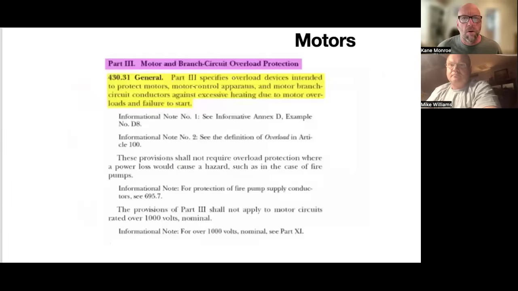General part 3, motor overload. Now remember, overloads and overcurrent are two different things. So in part 3, we're talking overloads. So the heater portion of, are you familiar with the heaters? Not a heating element, but the overload protection. Like the fuses?